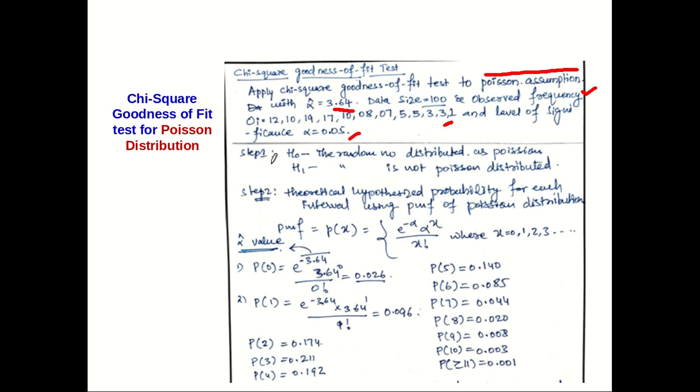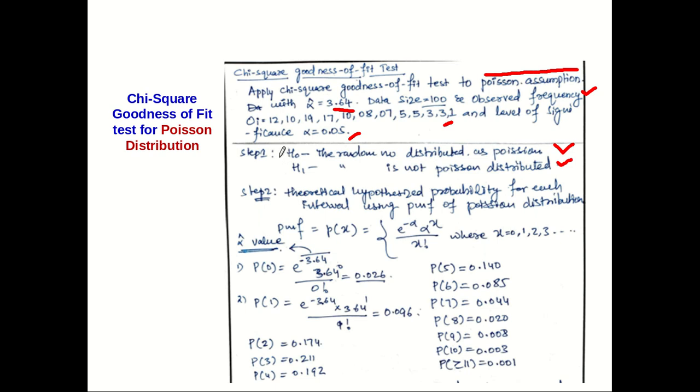The first step is to form the hypothesis. H naught is that the random number is distributed as a Poisson, and H1 is that the random number is not Poisson distributed.